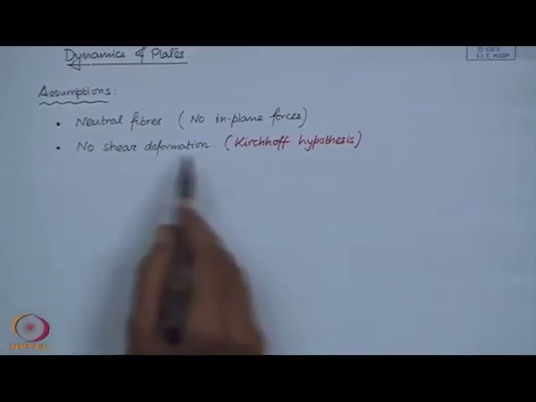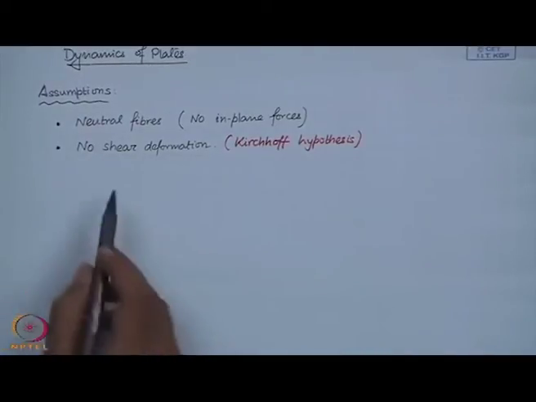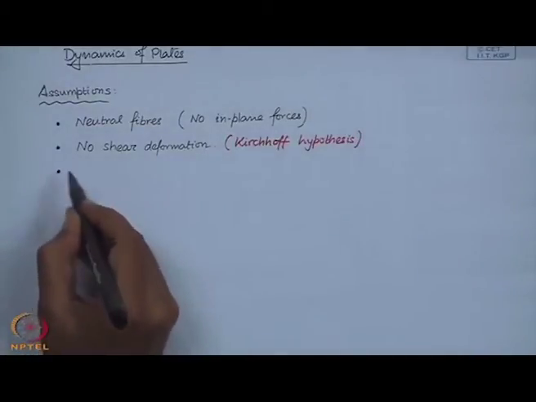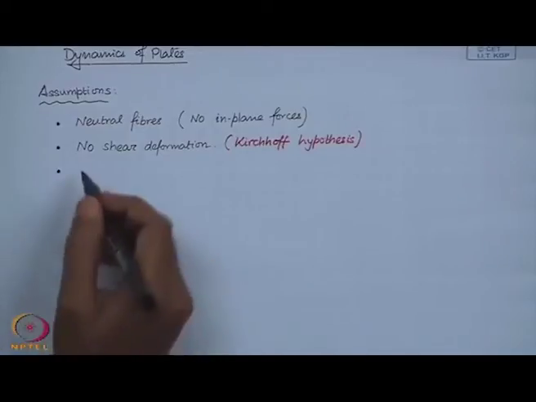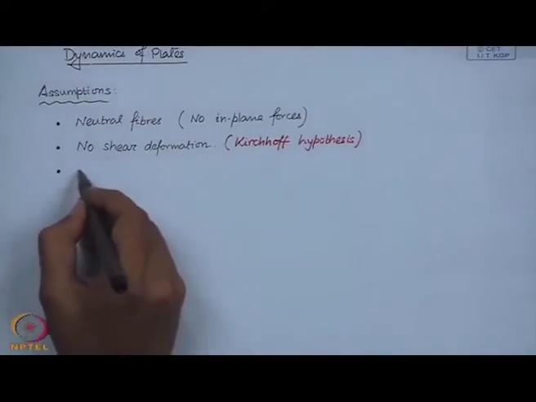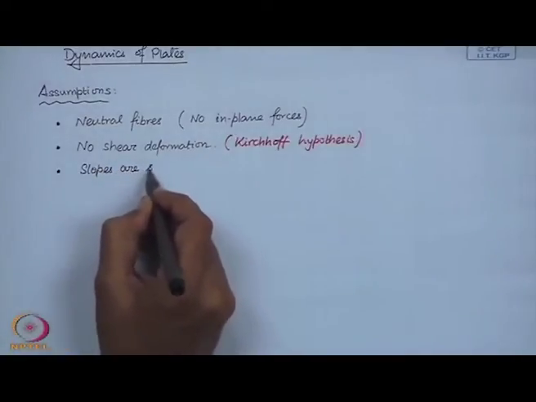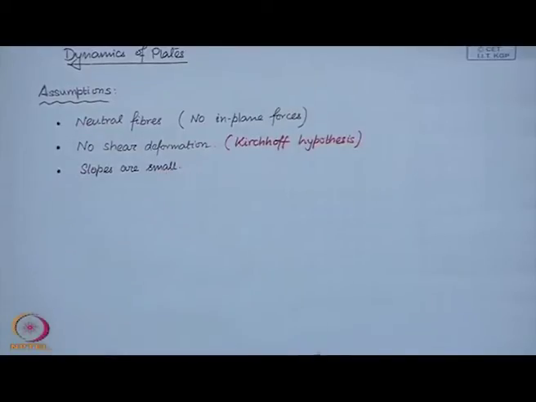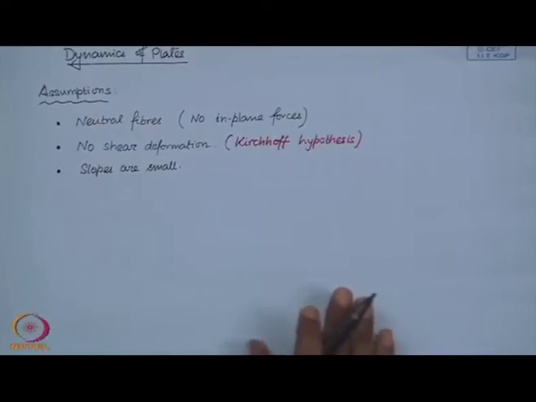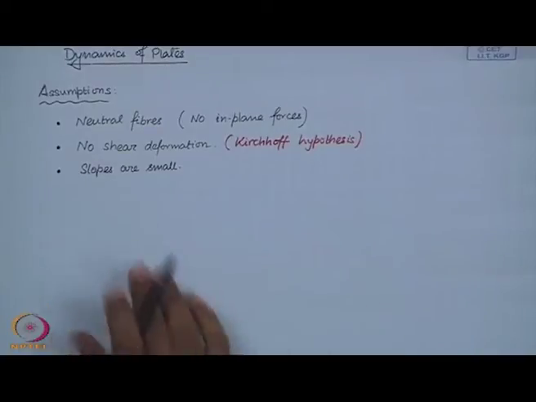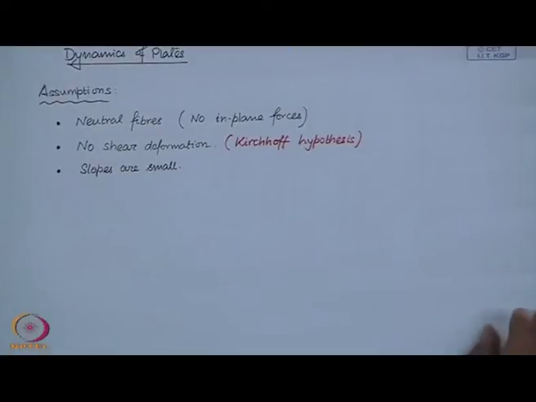This corresponds to the Euler-Bernoulli hypothesis for beams. The third assumption we make to keep our model linear is that the slopes are small. When the plate deflects, the slopes because of this transverse deflection are small. So we are going to model under these assumptions.